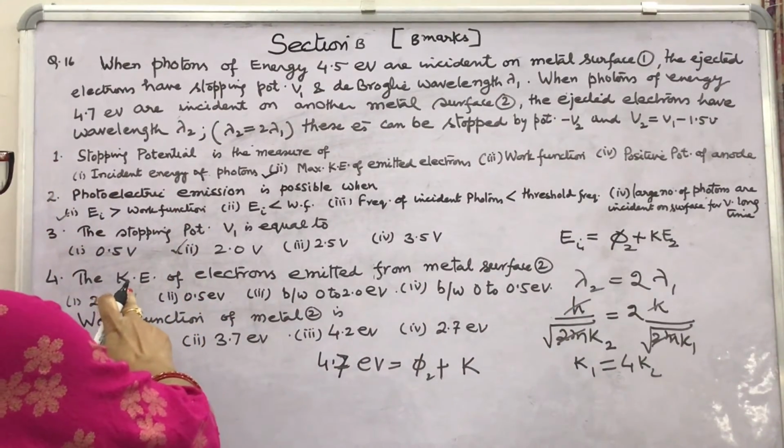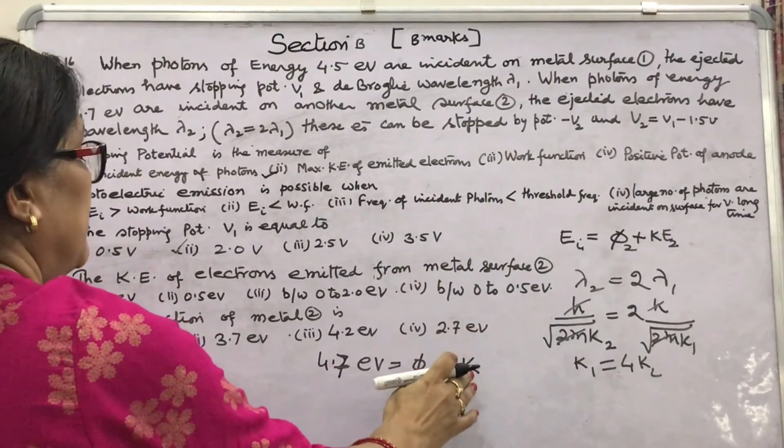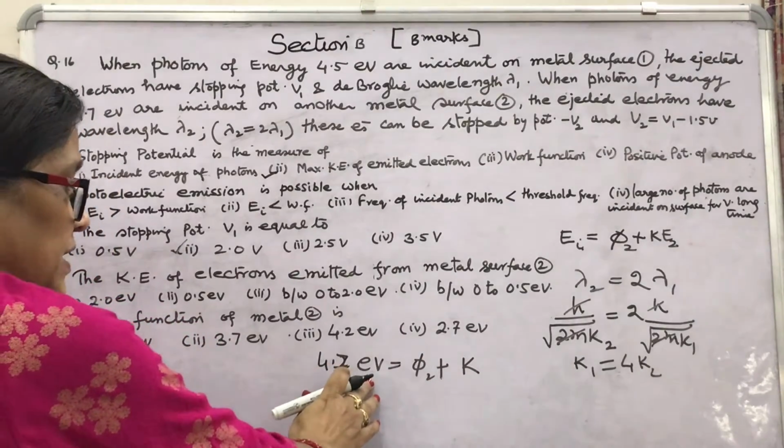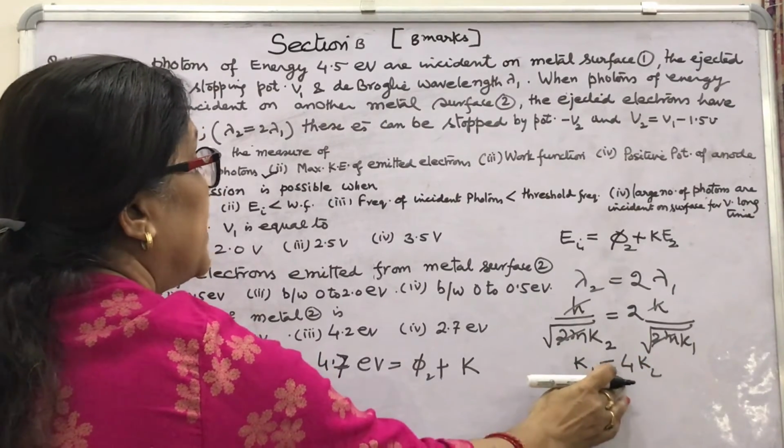The kinetic energy emitted from metal surface 2 can be obtained with the help of this. How will you find this 4.7 eV, and what was K2? K2 was K1 by 4.